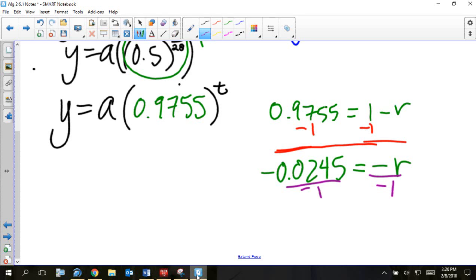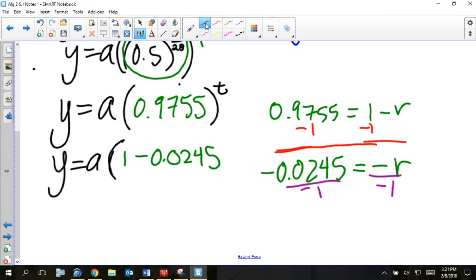So now we have y equals A times (1 minus 0.0245) to the t. So that's our decay model. It asks for the percent of decay. So this right here is our rate. r equals 0.0245. That's our rate.